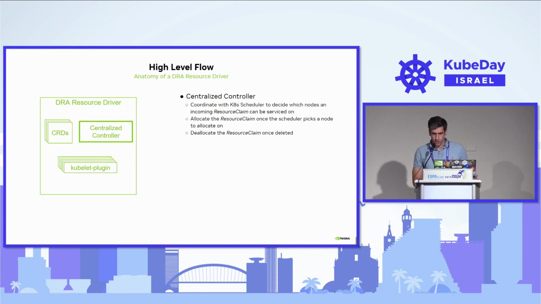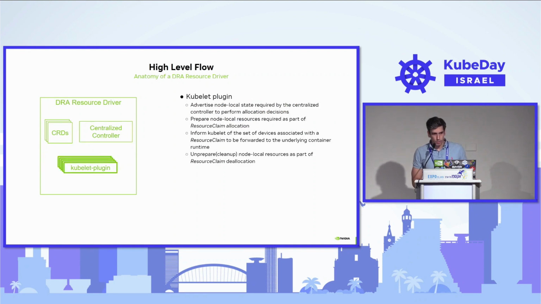It allocates the resource claim once the scheduler picks the node. The kubelet plugin is in charge of doing all of the node-local operations. It will publish the node-local state to the centralized controller. It will perform any allocation requests requested by kubelet. We'll see that later. And it will also perform some deallocation requests.